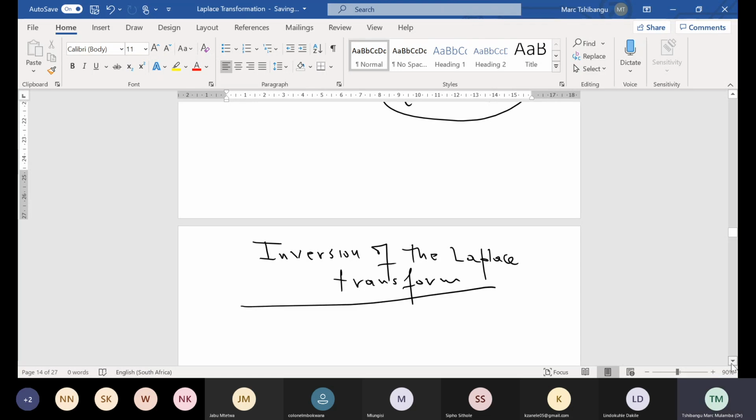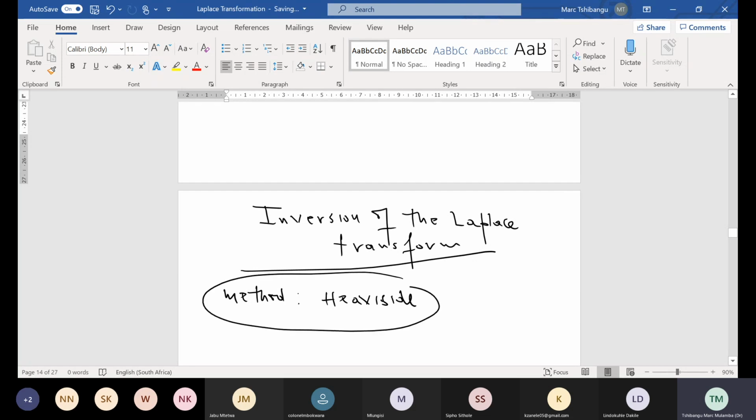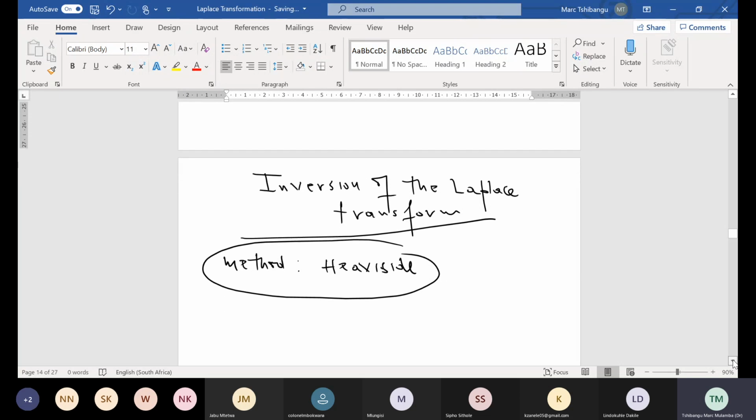I'm going to repeat myself again. In order to invert Laplace transforms, what we're going to use in this course is the method developed by the mathematician called Heaviside. So we're going to use the Heaviside method to invert Laplace transforms.